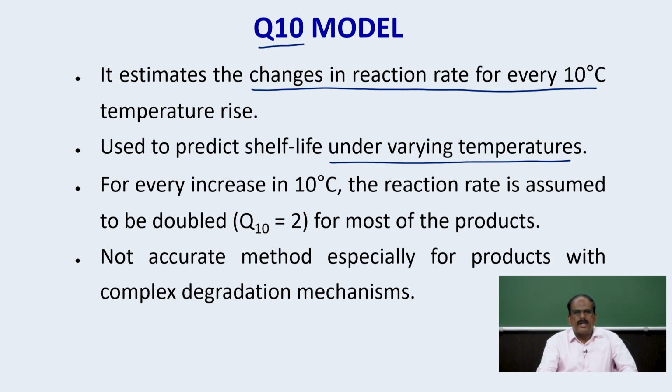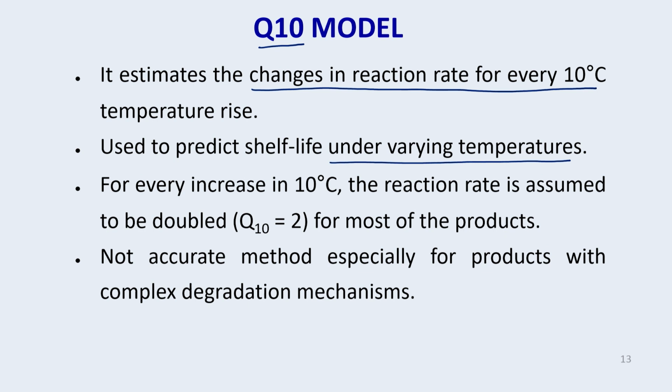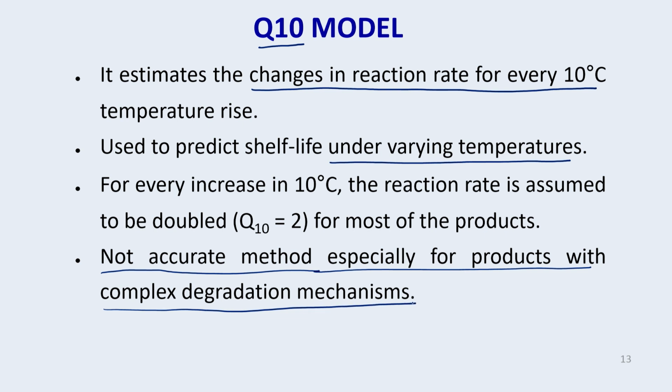However, the actual reaction rate can be estimated based on the data given in the problem. Otherwise it is assumed that for every 10 degree rise, the reaction rate is doubled. It is not an accurate method for products with complex degradation mechanism.